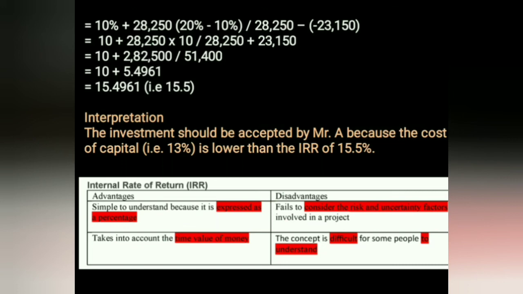The concept is difficult for some people to understand, because here we have to take two required rates of return. If these two rates do not give the result, the problem can be extended to 3, 4, 5 percentages of required rates of return. By calculating all these percentages, we have to find out the IRR. That's why it is a disadvantage.